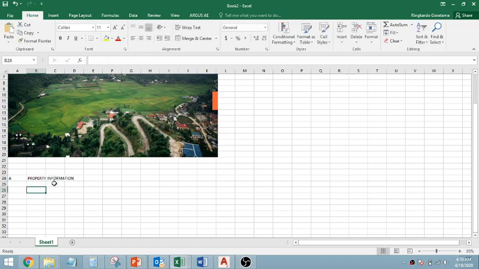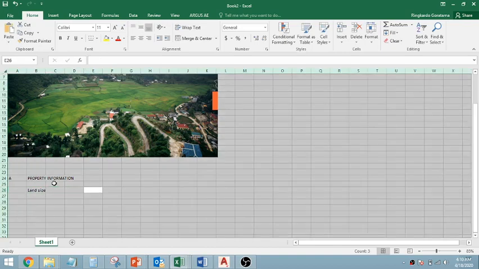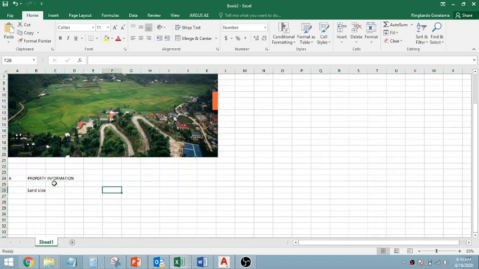In the property information, we describe the land size, in this example we put 2 hectares, and the zoning. Let's say we already checked the zoning, and according to the city plan it is residential.